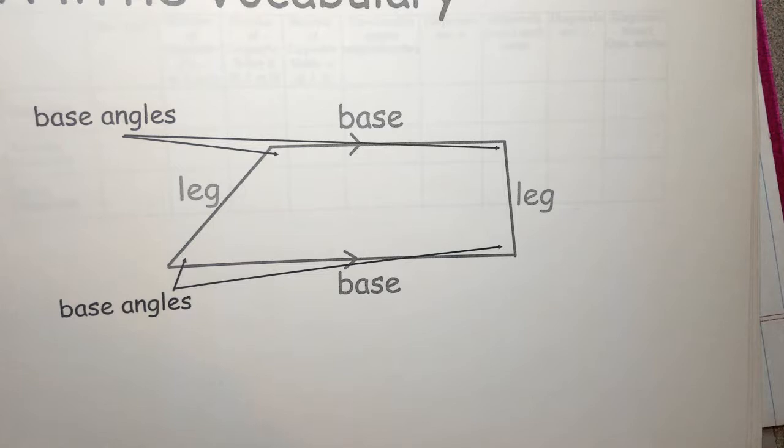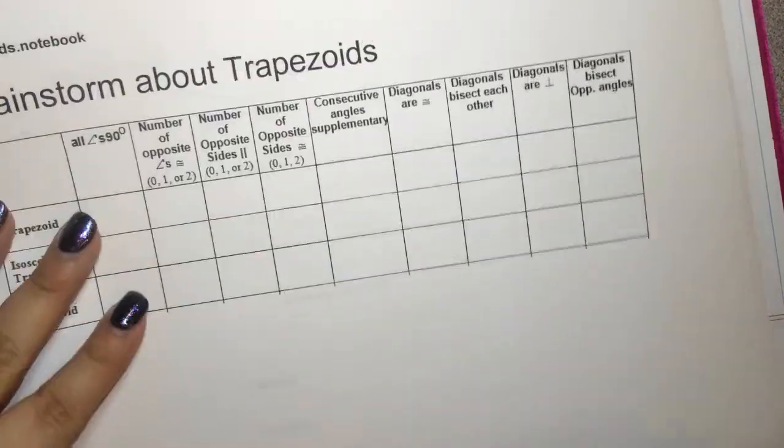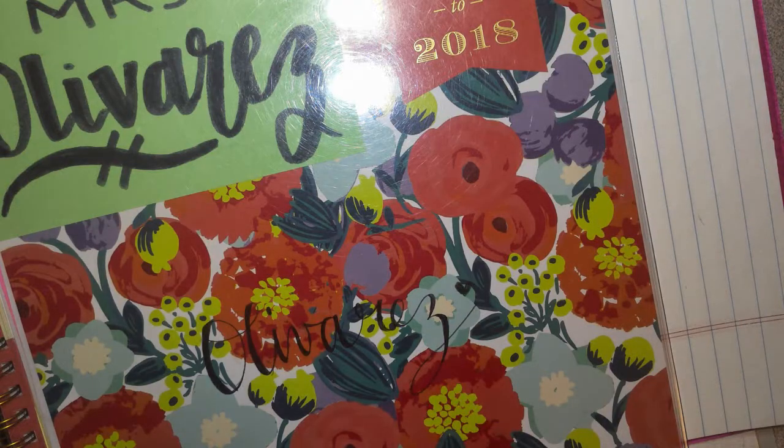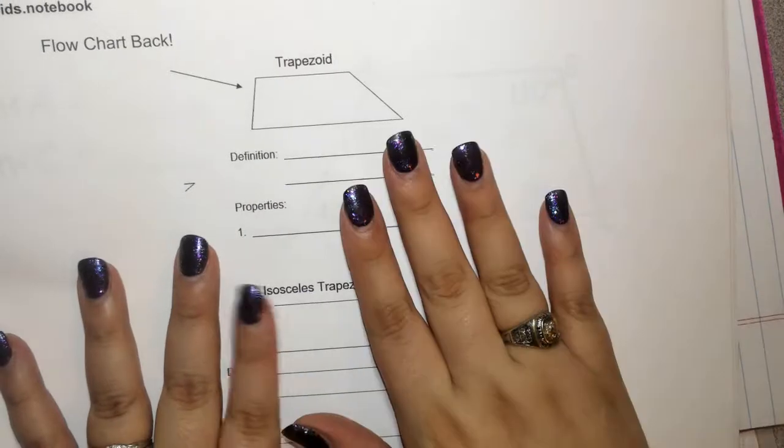I'm going to give you 5 more seconds to draw this. Get your flow chart. Alright, that was more than 5 seconds. Your flow chart. Turn it over. Yesterday we filled out the parallelogram side.